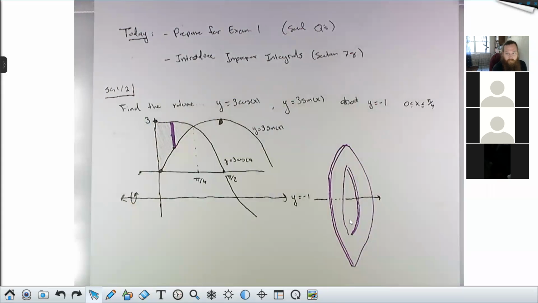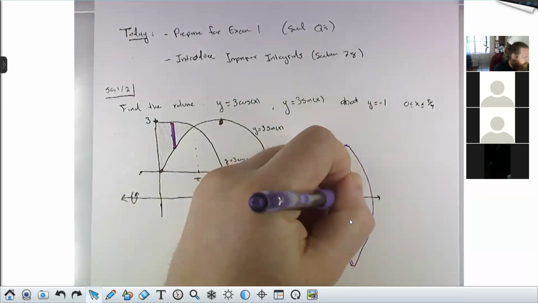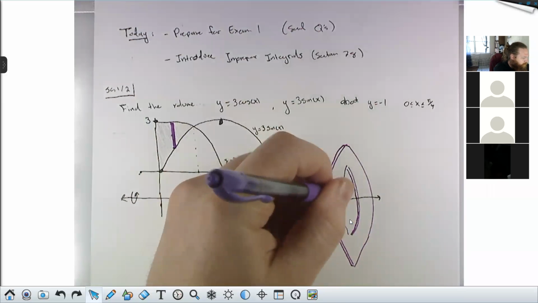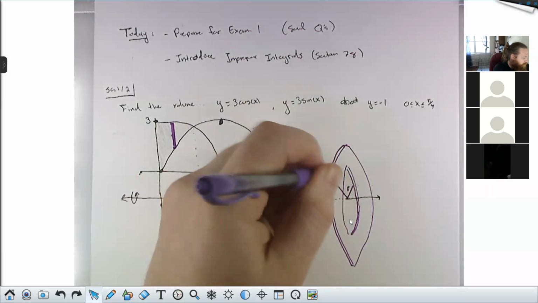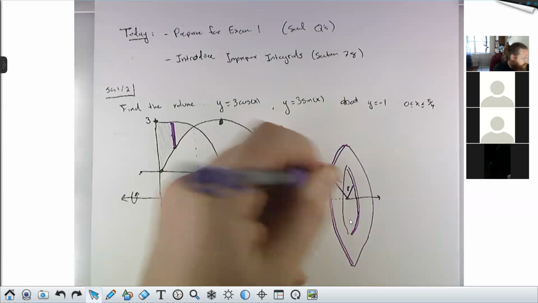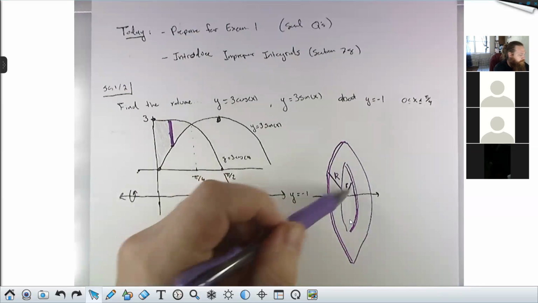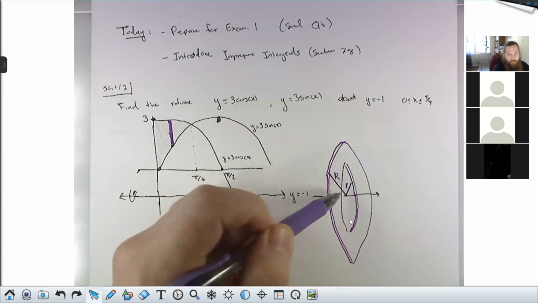There's two little statistics we need about this washer. We need to know the little inner radius. And we need to know the big outer radius. So that's the distance from the gap to the axis of rotation and the far end of the washer to the axis of rotation.